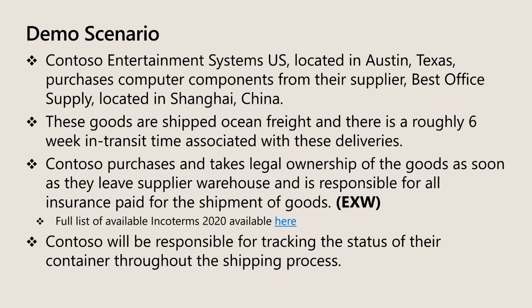So to get into the specifics of the scenario, we are importing goods from Shanghai, China to Austin, Texas. The goods are coming via freight, and there is an approximately 6-week in-transit time associated with this.